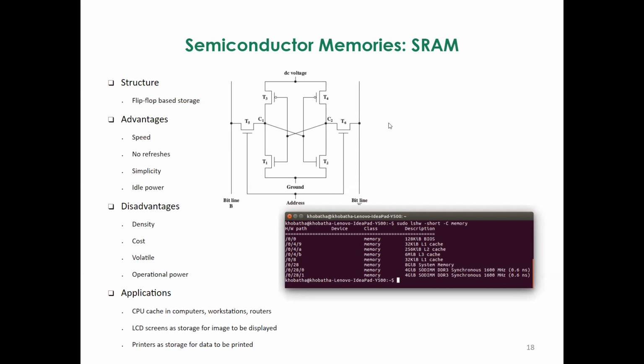So SRAM technology is used to build your registers, your cache memory, and also some faster RAM solutions. They are volatile and high cost.